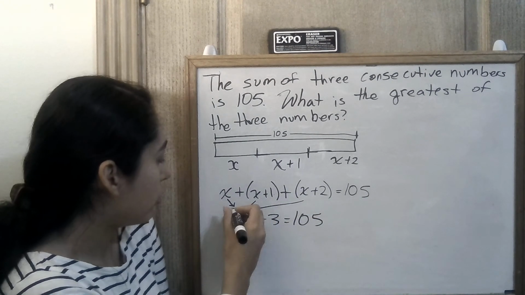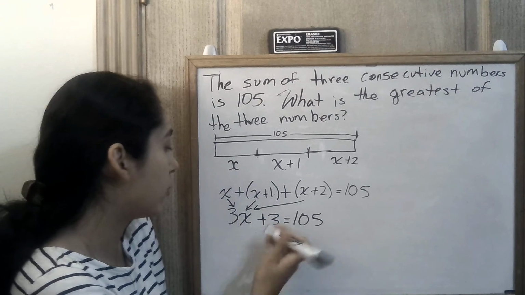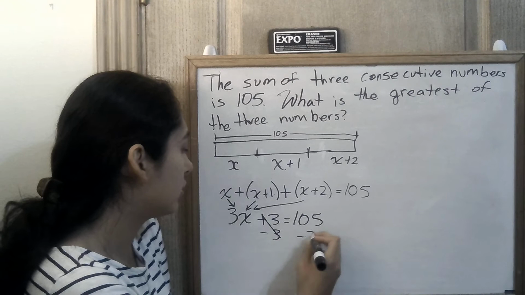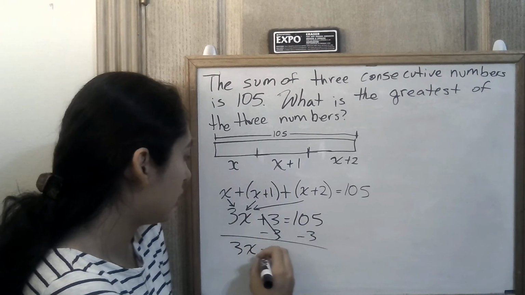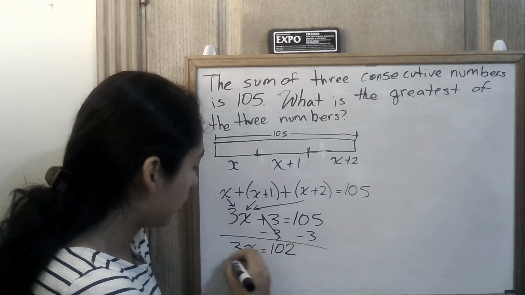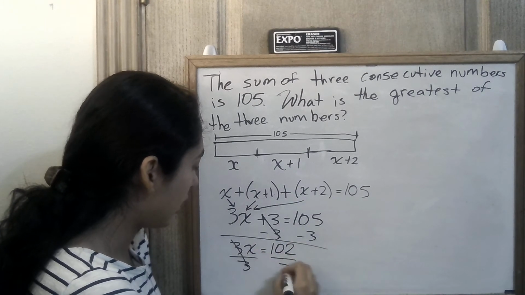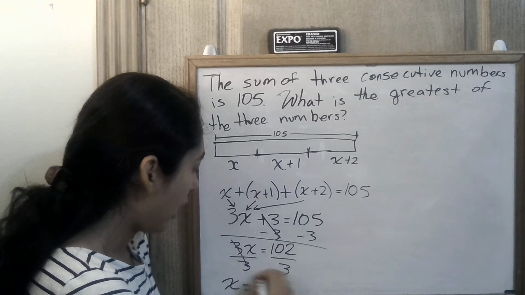I'm going to remove what's furthest away from my variable that I'm solving for. I'm going to subtract 3 on both sides. So I have 3x is equal to 102. If I divide by 3 on both sides, I find out x is equal to 34.